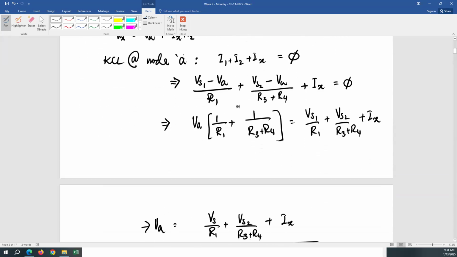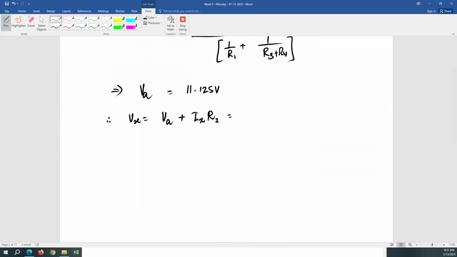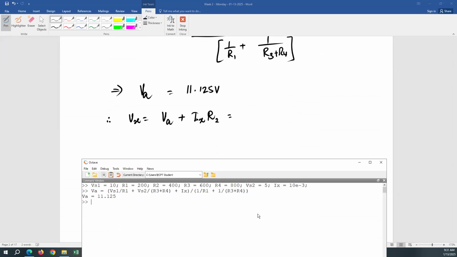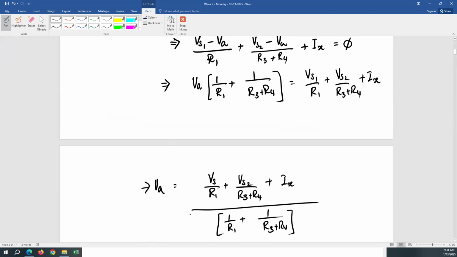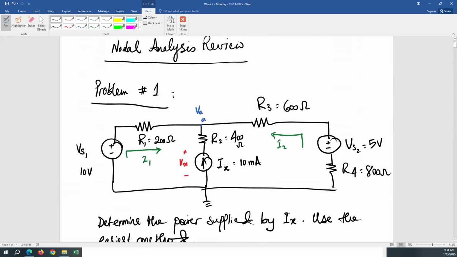So let's calculate that. Vx is equal to Va plus Ix times R2, which is 15.125. So that's my voltage across the current source.